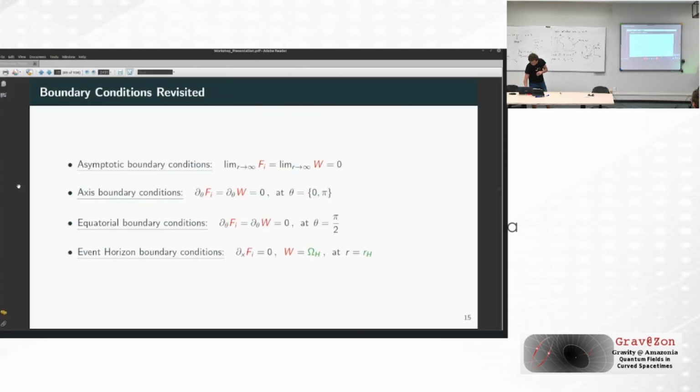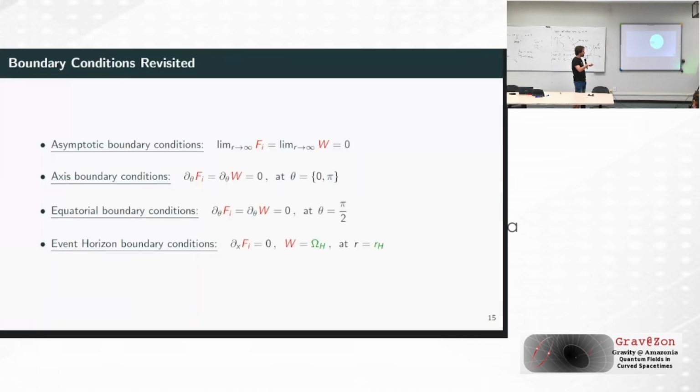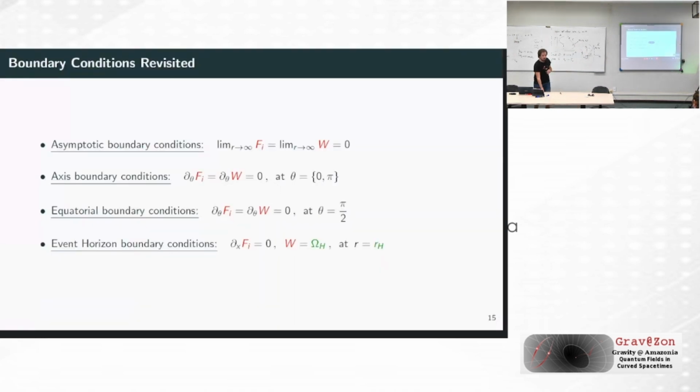So here we have these specific boundary conditions: the derivatives of the functions with respect to theta at the poles must be 0. So this motivates a bit more why we impose these boundary conditions.